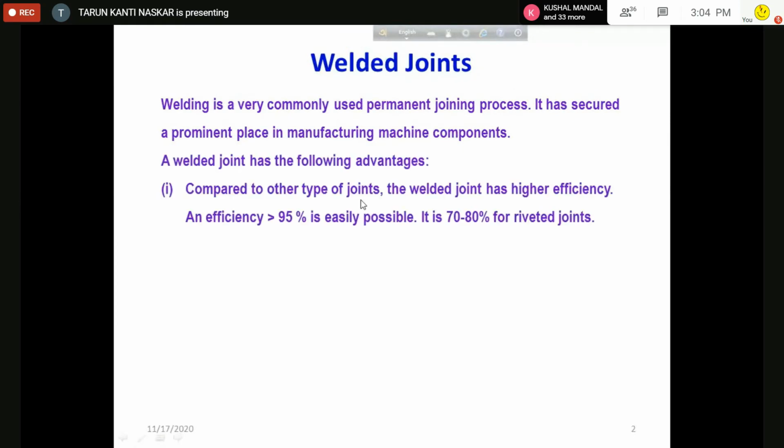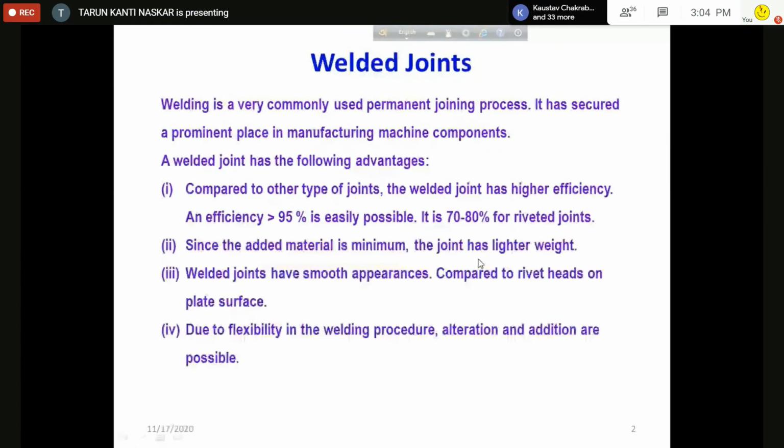Okay. So since the added material is minimum, the joint has a lighter weight. We have done the workshop class, but in the case of a riveted joint, for a lap joint there are two plates, then there are two steps for a riveted joint, and similarly for a threaded joint.